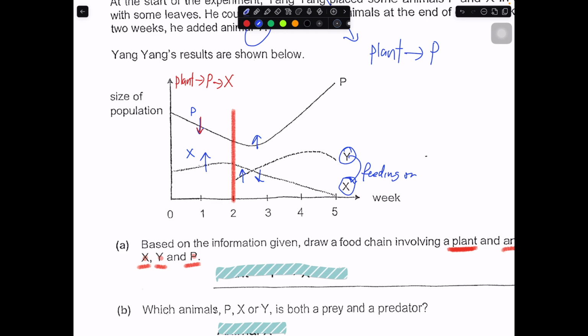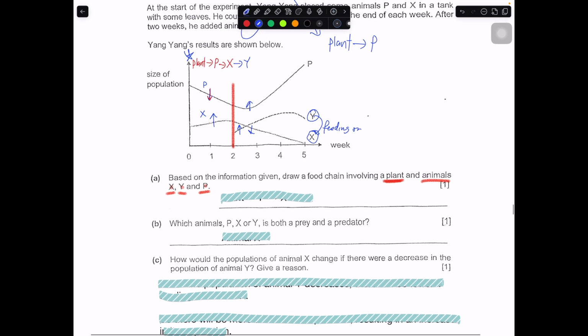So in this case, the food relationship must be in this manner. Plant is eaten by P, P is eaten by X, X is eaten by Y. So this is the food chain that you need to construct. Okay, so over here, this will be the ideal answer.